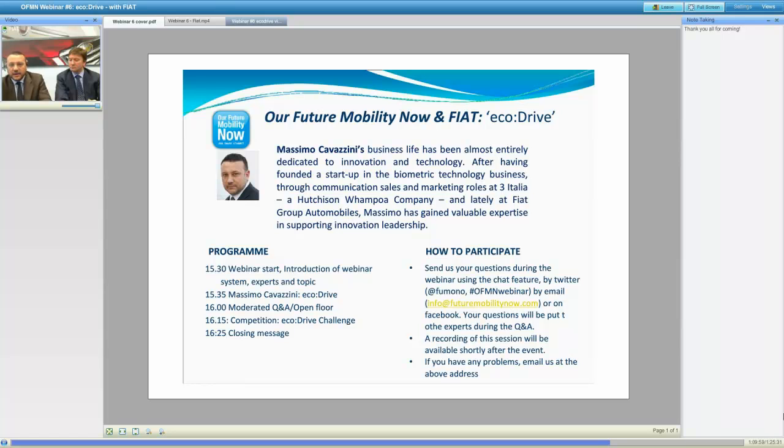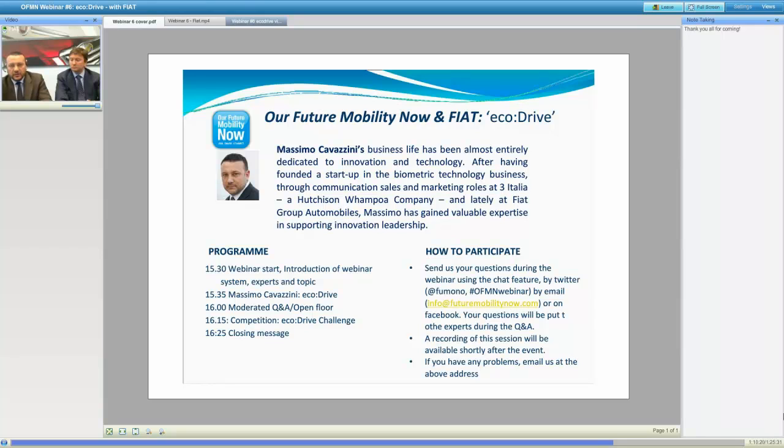There are now more than 14 countries using EcoDrive in the world, and there is, let's say, a plan to join all the data from the eco-drivers in the world, so also the US will be part of the study.